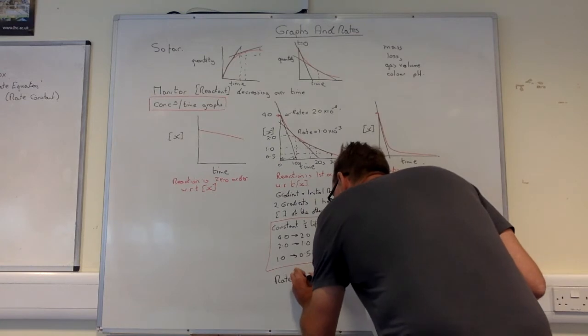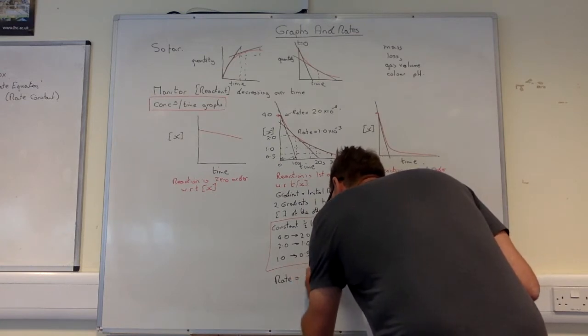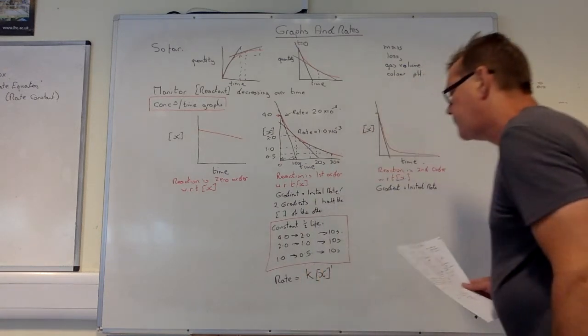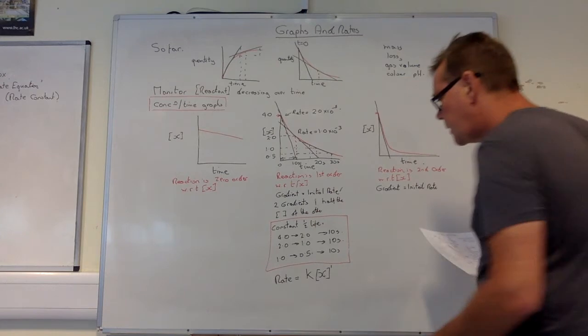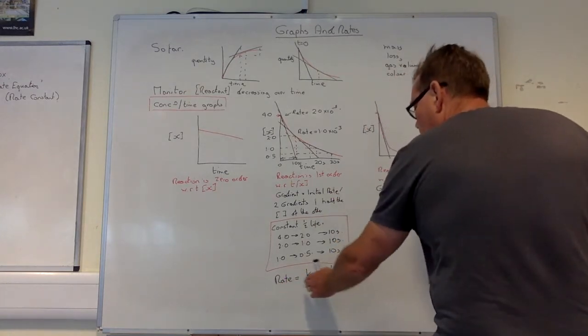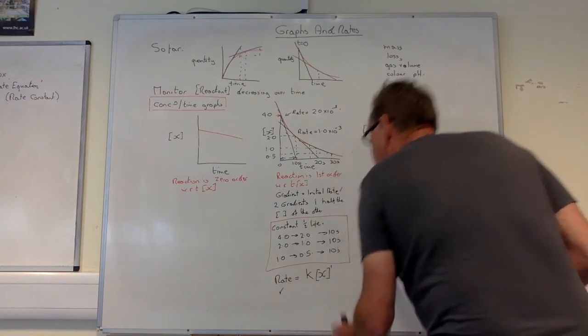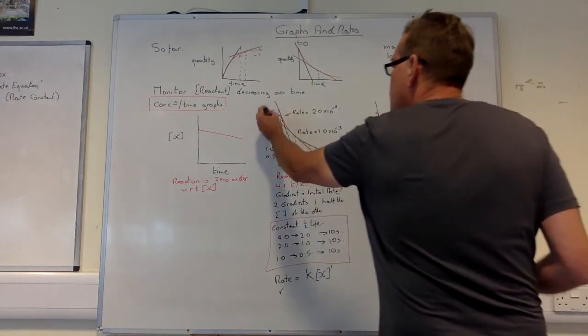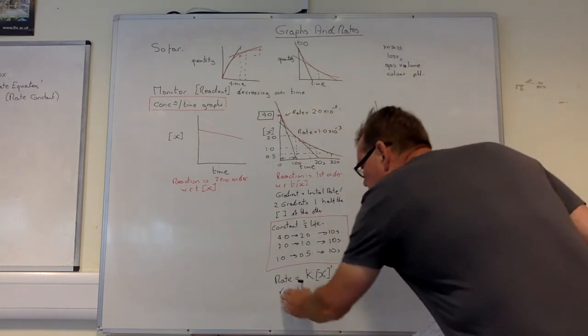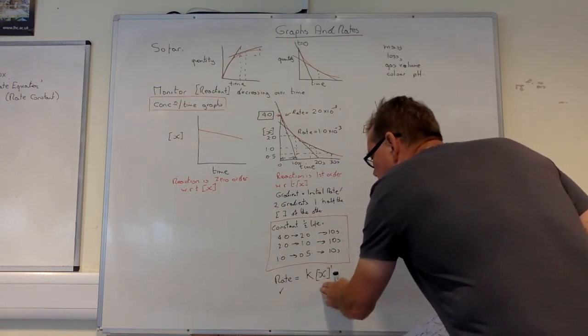But if you're not, you can deduce that the rate equation is rate equals k[X]^1. And you can work out the rate there, and that's the initial rate for that initial concentration. Put the numbers in: initial rate, initial concentration.